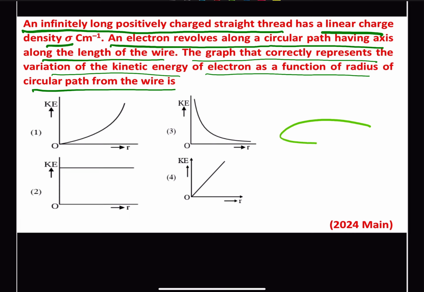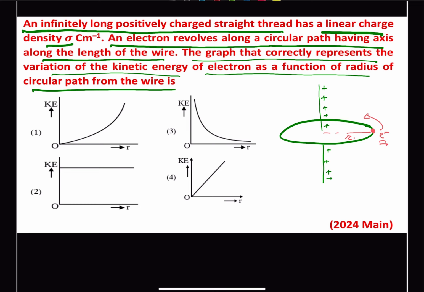Let us draw the figure. Suppose this is the path and we have a wire which is infinitely long and is having a positive charge, and the electron is revolving, suppose in this direction, and the radius is given as our r, and this is our electron.